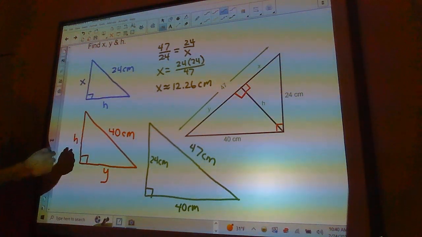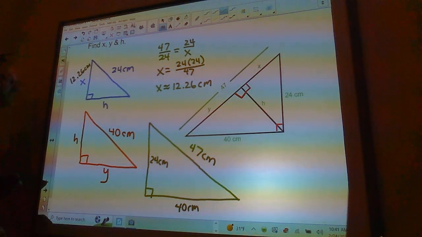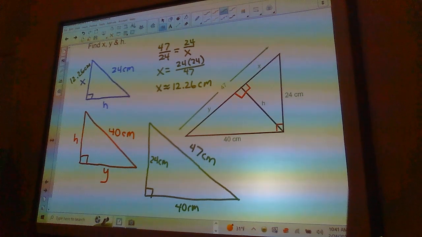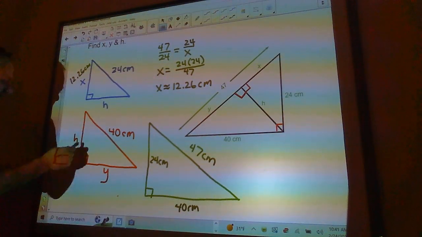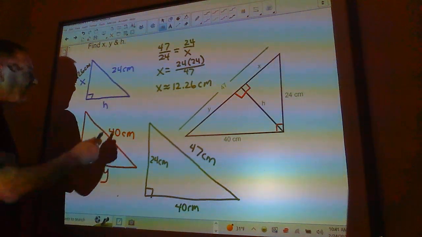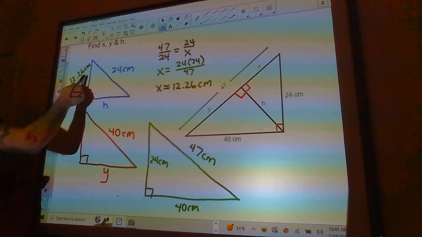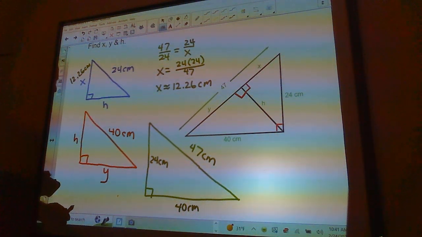Now, since I made that approximate, I am not going to use that to find anything else unless I have to. Okay. Now let's find h over here. I could use the Pythagorean theorem here, but this is not exact. It's approximate, so I don't want to do that because that introduces error for h.